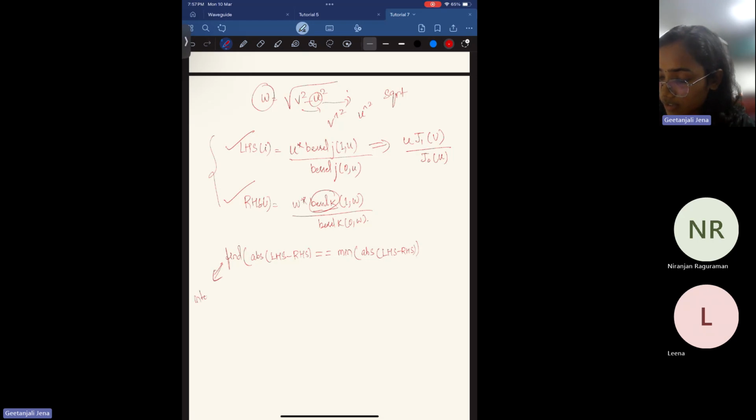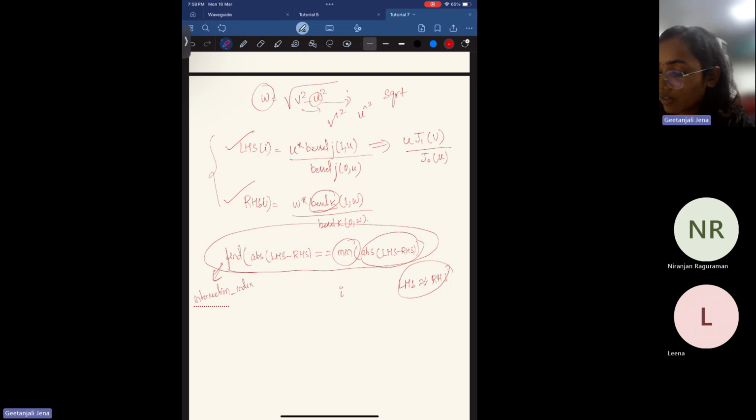Let us say this is the intersection index. At each data point, it will find the absolute difference between LHS and RHS, and find the minimum difference you are getting. The minimum means they are closest to each other, that is LHS is approximately equal to RHS. So this is what we want.